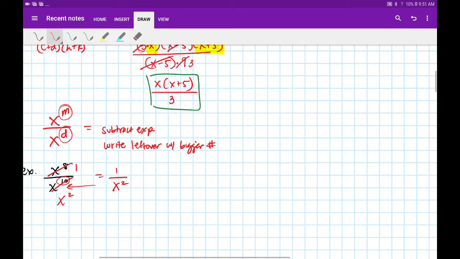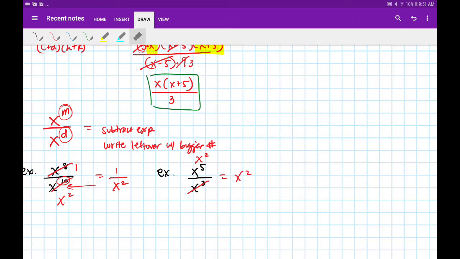Another example. If I have x to the 5 over x cubed, well, this simplifies. Let's do the subtraction. 5 minus 3 is 2, and that 2 is left with the bigger number was up top. So it's going to be x squared.